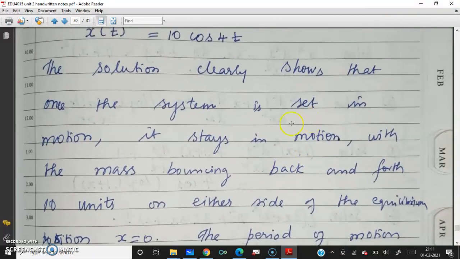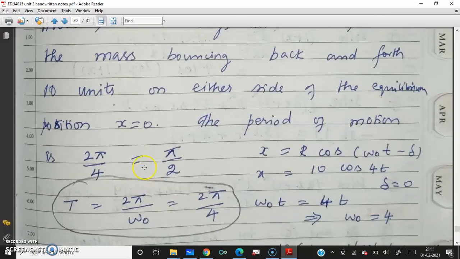The solution clearly shows that once the system is set in motion, it stays in motion with the mass bouncing back and forth 10 units on either side of the equilibrium position, that is x equal to 0. The period of motion is 2 pi by 4, that is pi by 2. What is the formula? x equal to r cos of omega naught t minus delta.